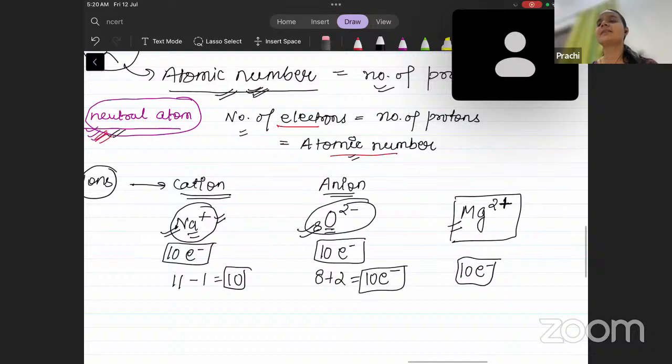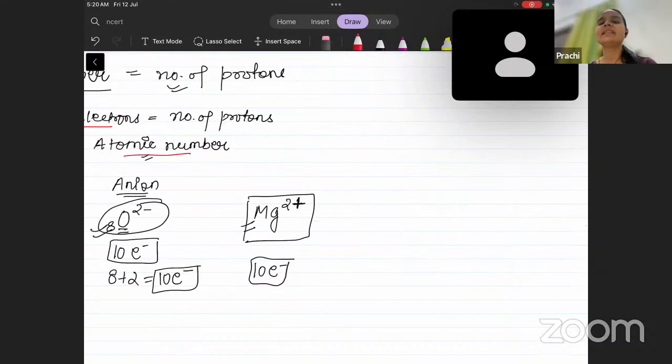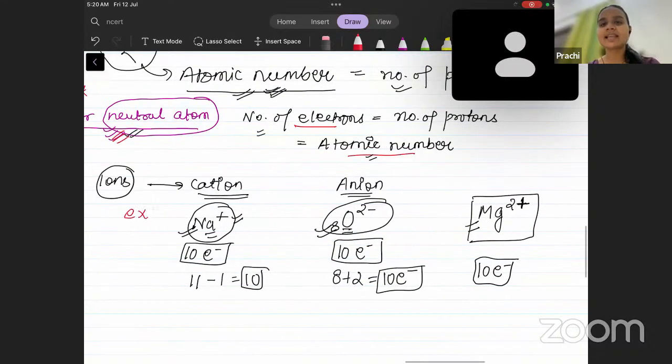So this is the example of isoelectronic species. We'll say that Na positive, O2 negative and Mg2 positive are isoelectronic species. Iso means same, electronic is for electron.